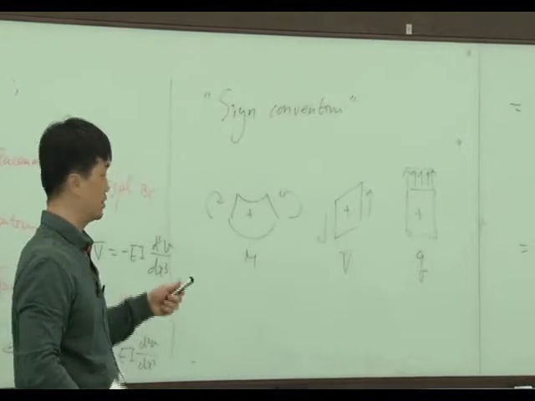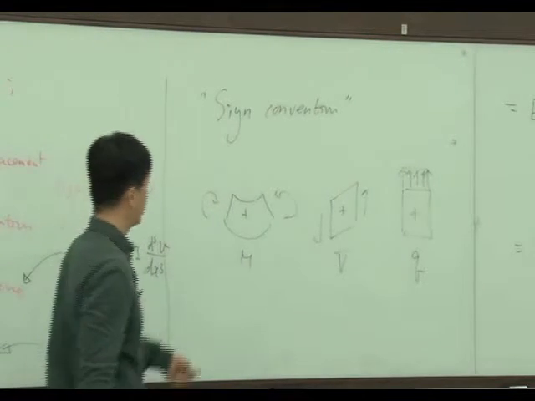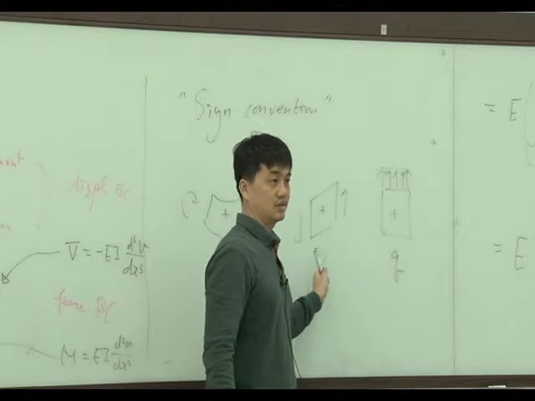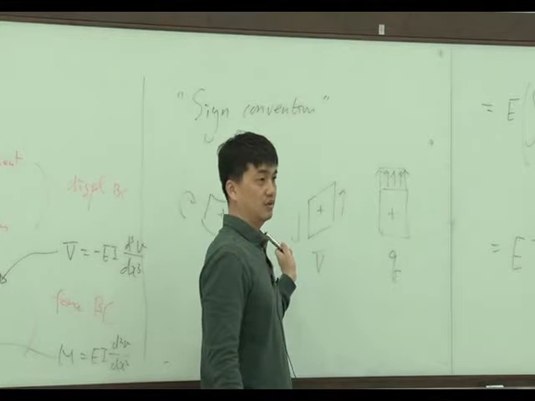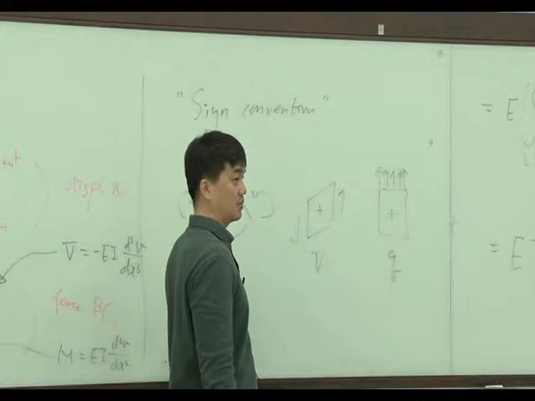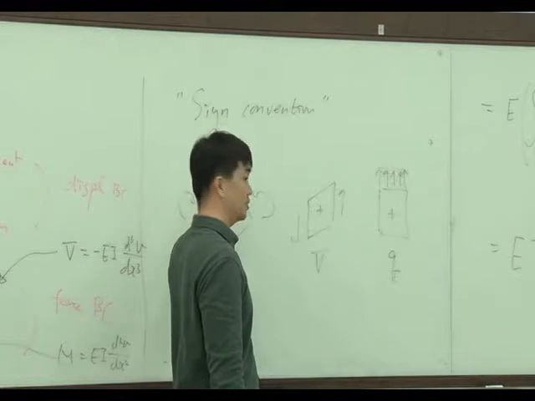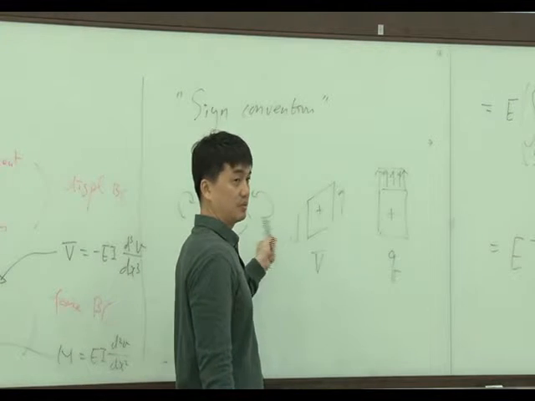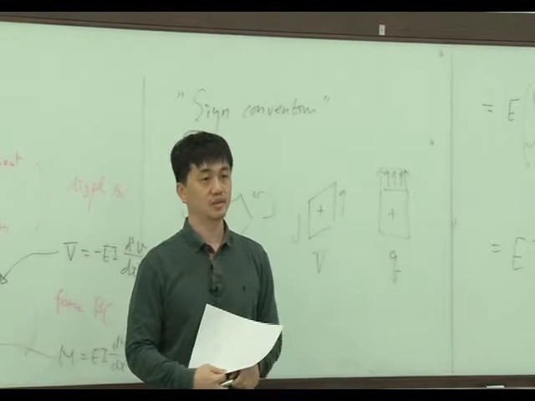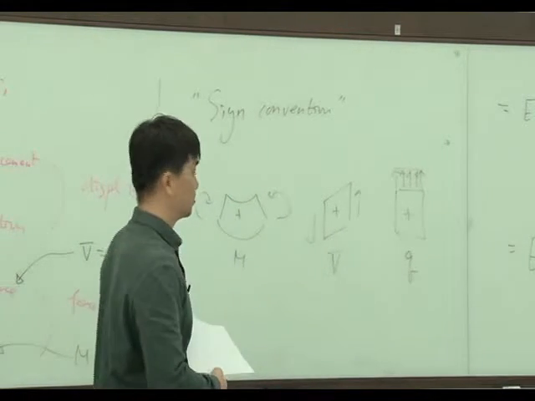Because when we derive this governing equation, we use these signs, right? When I derive the local equilibrium equation, I give this type of moment and this shear force, and the distributed load is plus.